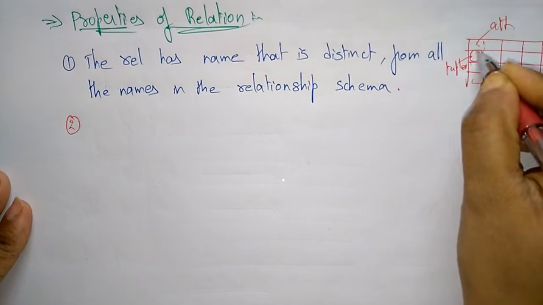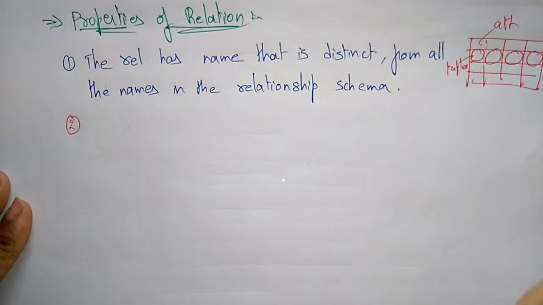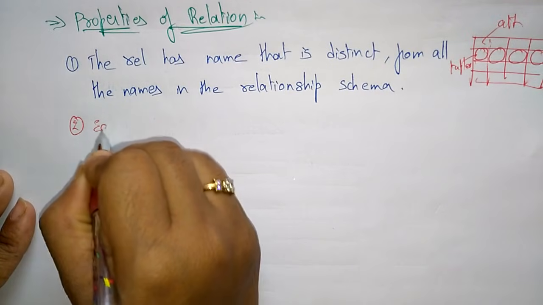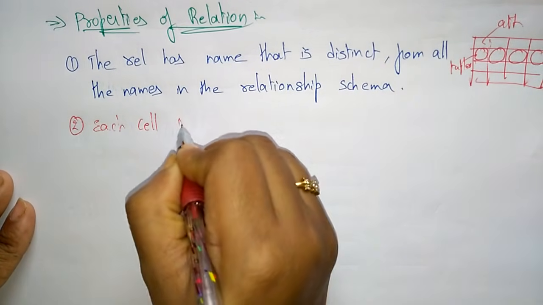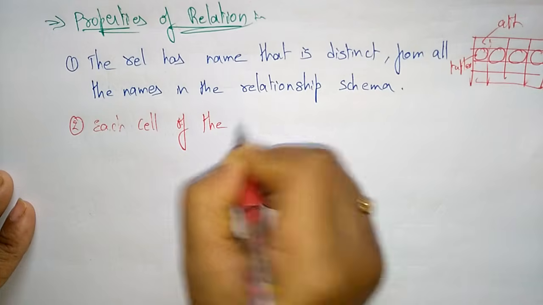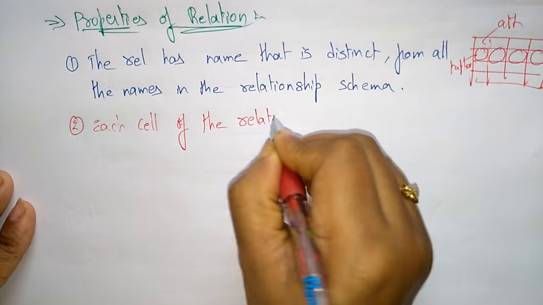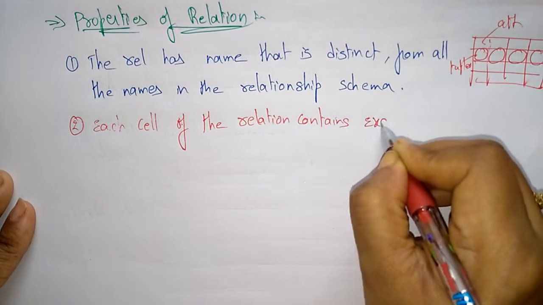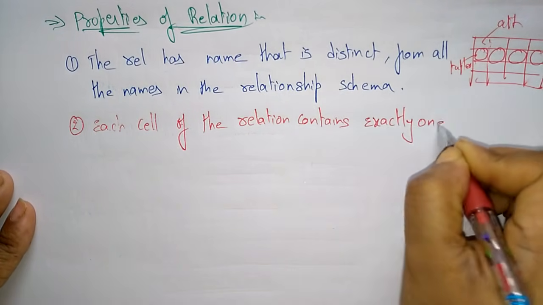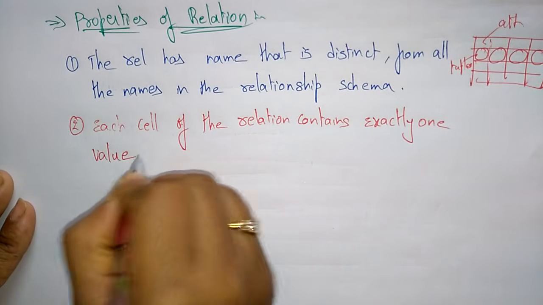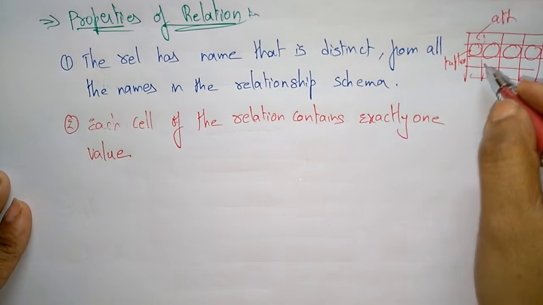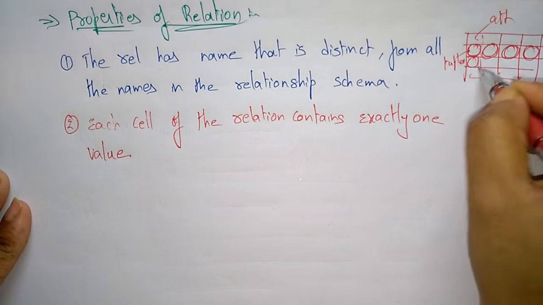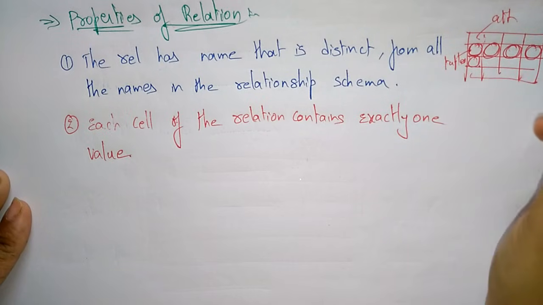Here this you call a cell. Each cell of the relation contains exactly one value. While you are creating the tables, you have to be careful that each cell should contain only one value, exactly one value.